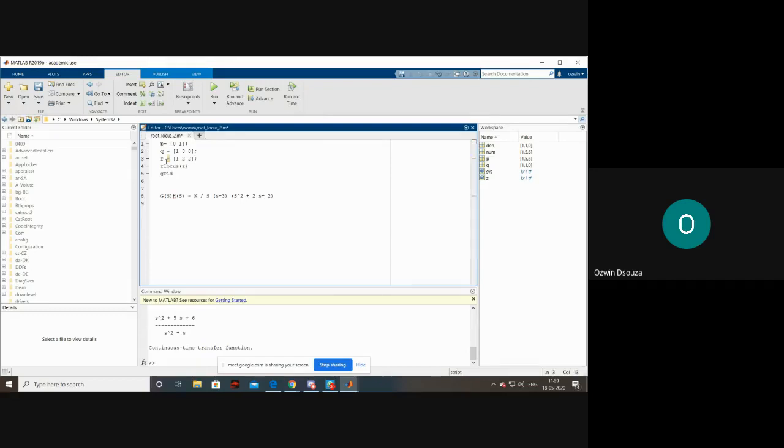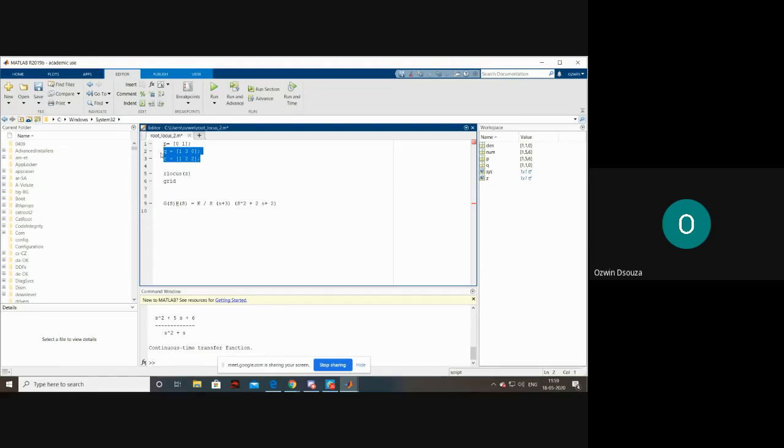All right, enter. So what do we have? We have two polynomials of s. The first polynomial is s square plus 3s, and the second polynomial is s square plus 2s plus 2.